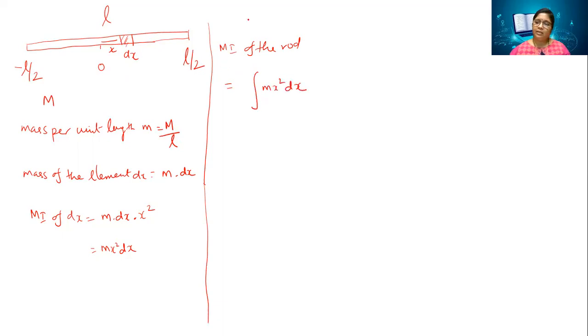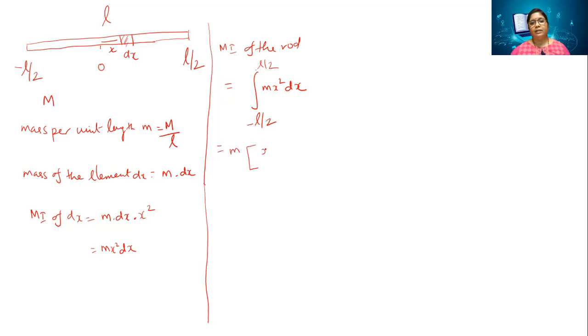And what would be the limit? The limit would be minus L by 2 to plus L by 2, as you can guess. Now let us integrate this. m is a constant, you can take that out.